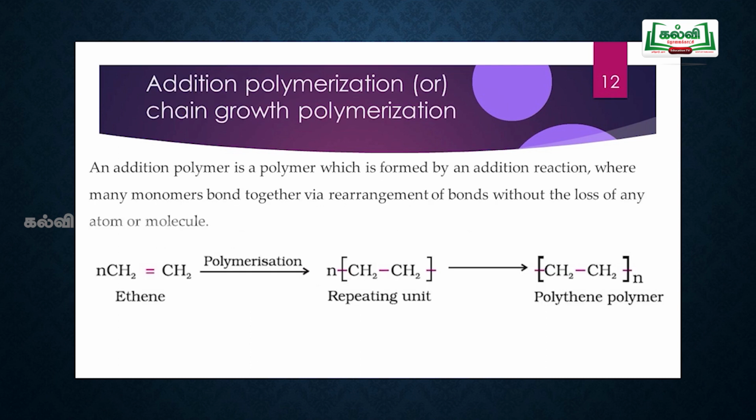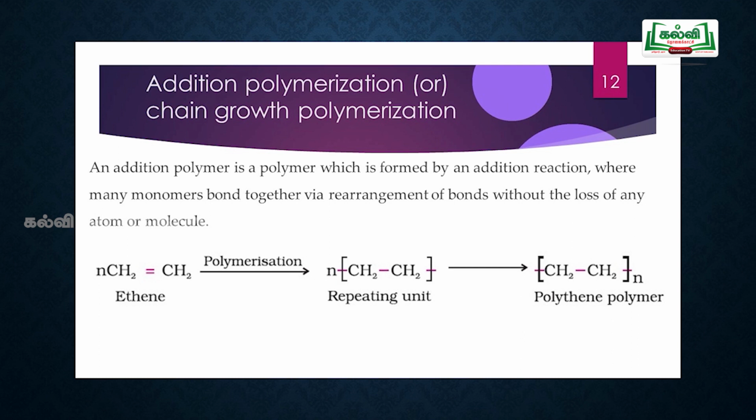Look at the example. For addition polymerization or chain growth polymerization, the best example is polyethylene. N molecules of ethylene: what does N stand for? Maybe 100, 1,000, 10,000, 1 lakh, any very large number of monomers combine to form a large single molecule called a polymer, without eliminating any small molecule.